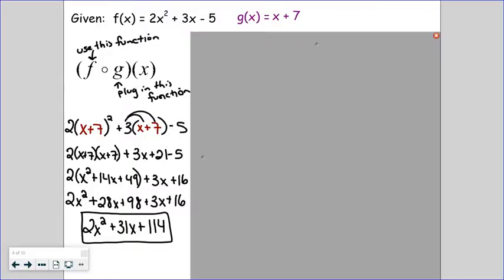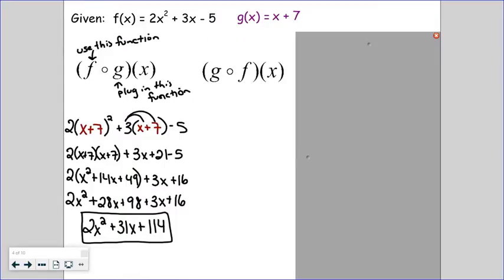So like I said when I started this one, order matters. I am not changing what f and g stand for. They're still the same functions we see at the top. But on the second question, I'm asking it the other way around. Do g of f of x. So again, we are always going to write out that first function, plug in the second function. So I'm going to write out g, which is x plus 7. Wherever there is an x, I'm going to leave space to plug in that other function. So this is g, x plus 7.